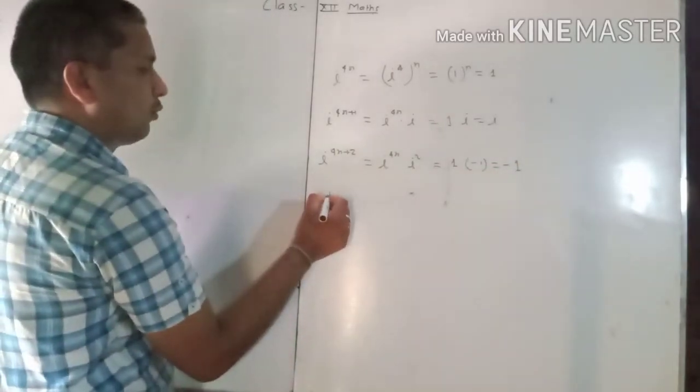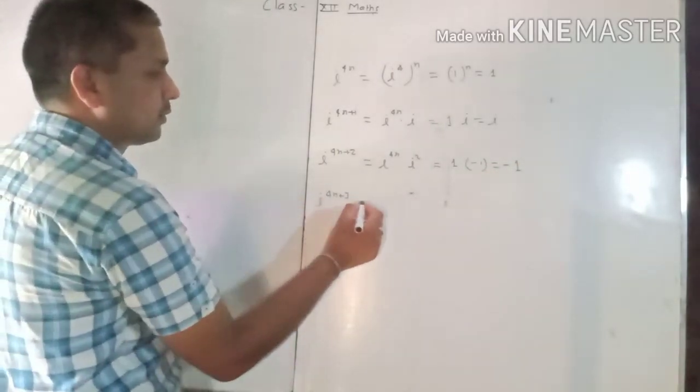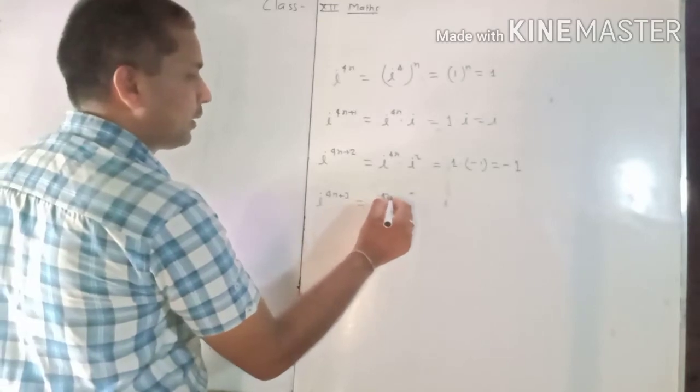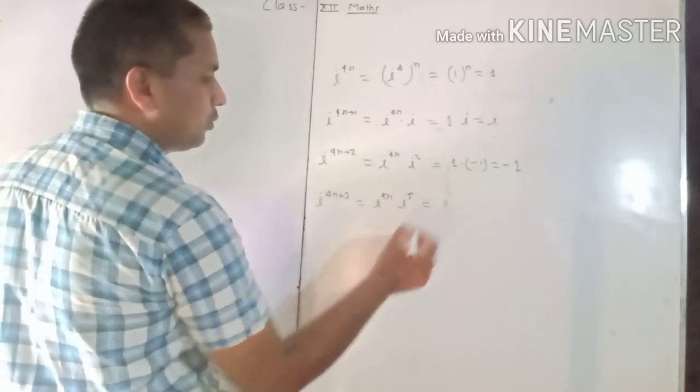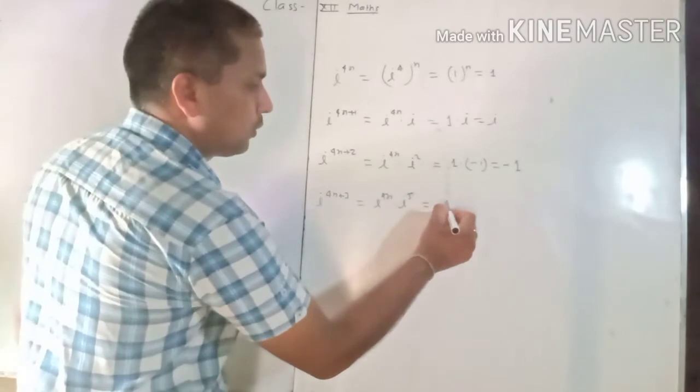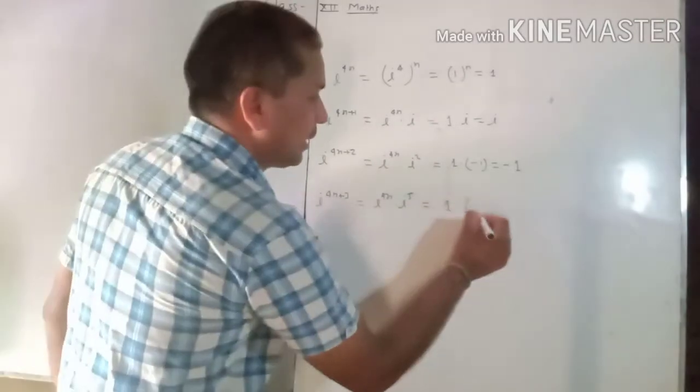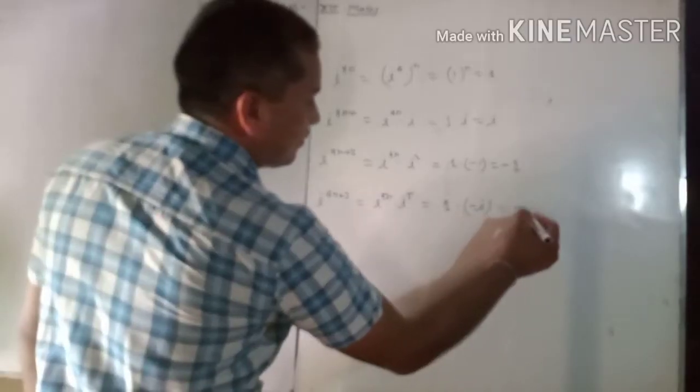And I to the power 4n plus 3 means I to the power 4n into I cube, we get 1 into I cube, I cube is minus I, so we get -i.